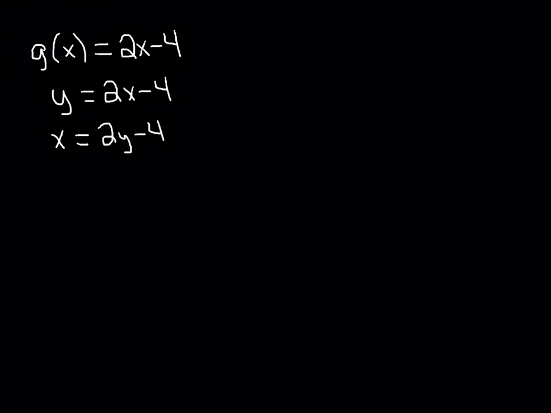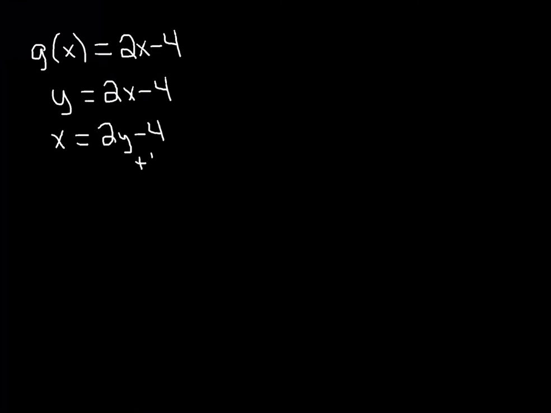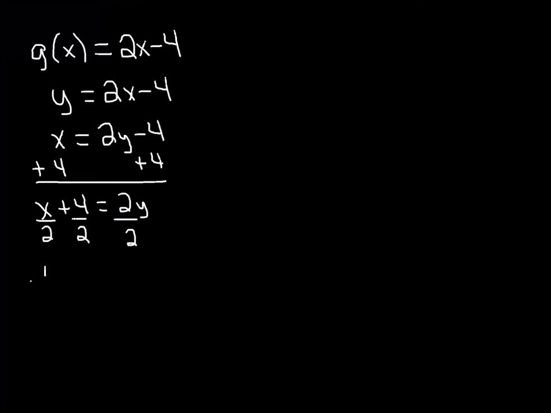Now we're trying to solve for y. So we would first add 4 to both sides. So we'd have x plus 4 equals 2y. Then we divide everything by 2. You can divide it individually, or you can divide the whole thing by 2. I'm just going to divide it individually here. And so I get 1/2 x, or x over 2, plus 2 is equal to y.